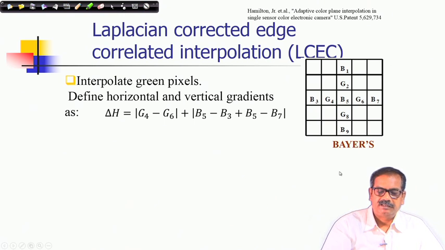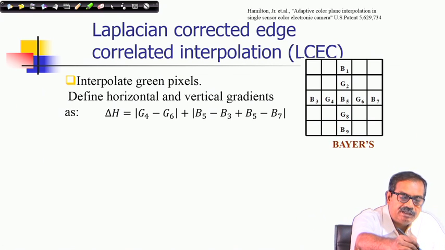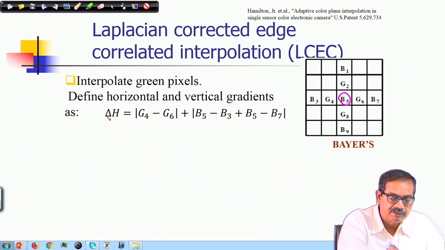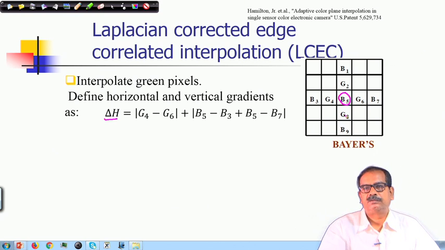As I mentioned, first you have to compute the green interpolation. We are considering, for example, this pixel location. The gradient value in the horizontal direction is the difference between these two, and you take the absolute amount, because that is of interest.